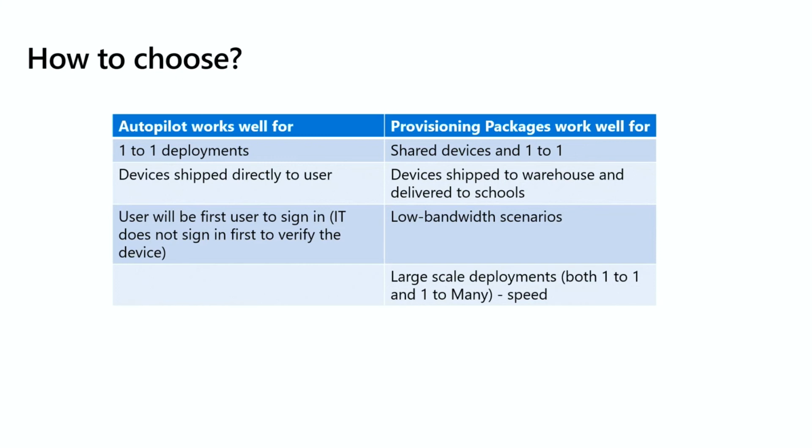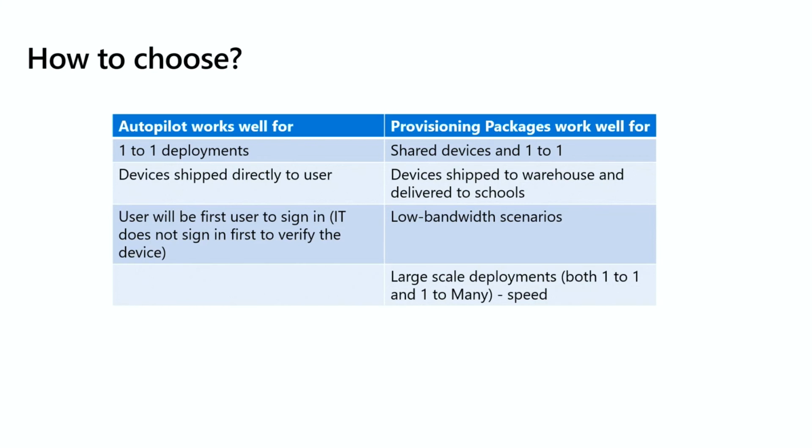But Autopilot, you have scenarios that this works well for. You have one-to-one deployments. If we're working with faculty and staff members, a brand new device, Autopilot works well for that because we're shipping the device directly to them. If the device is shipped directly to your end user, again, very easy scenario to handle with Autopilot.